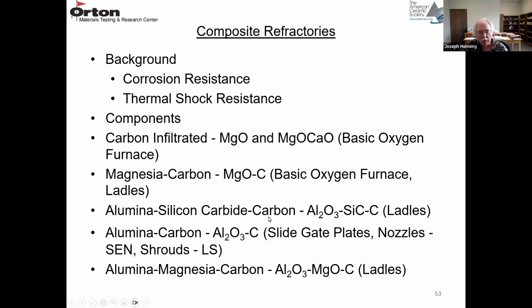Alumina silicon carbide carbon. These are used in ladles. Alumina carbon. These are for controlling the flow of molten metals in slide gates and nozzles and shrouds, submerged entry nozzles and ladle shrouds. And then the alumina magnesia carbon, again, is used in ladles.